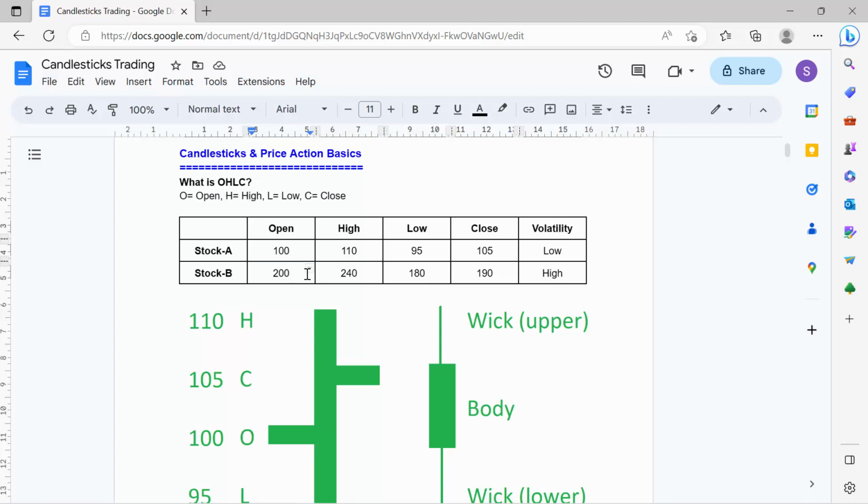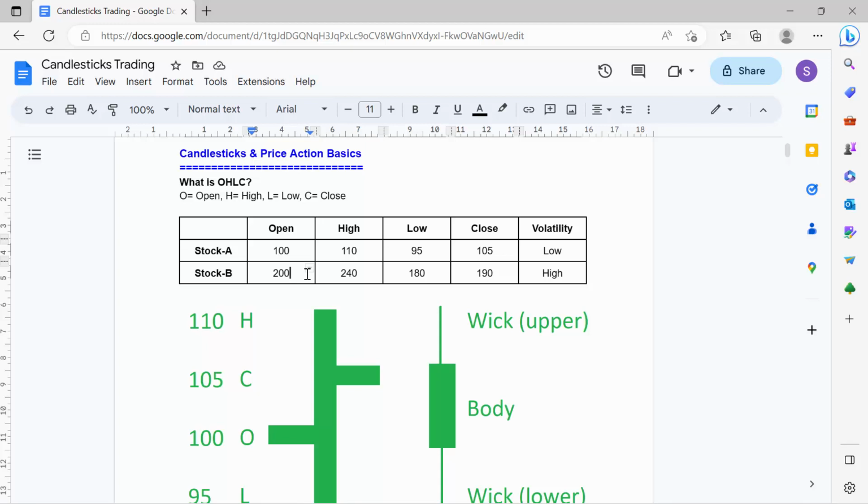Number 3, the intraday volatility is high price 240 minus low 180, 60 points, divided by open price 200 into 100, that is 30%. So the third point is that the volatility of stock B is double that of stock A. So if you sell an option on stock B, you will get more premium because it has high volatility.